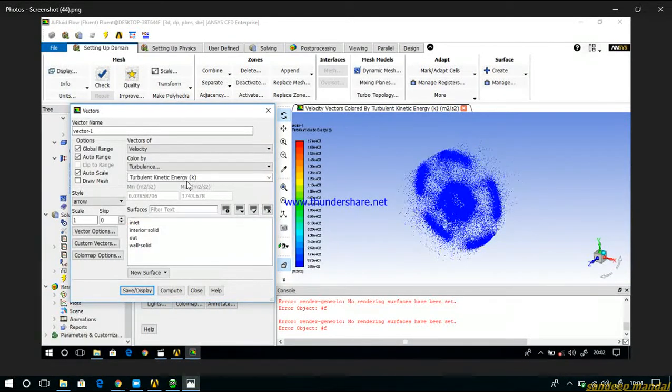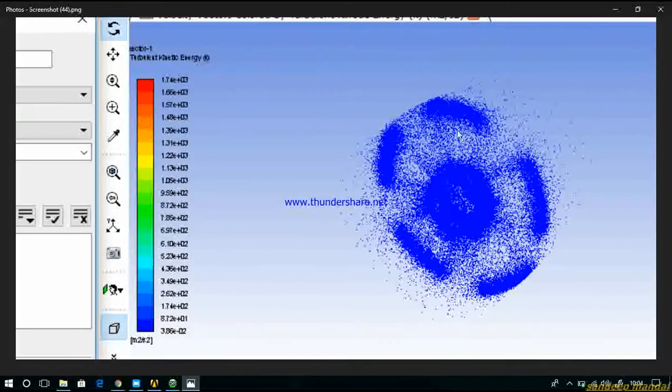Okay, this is the turbulent kinetic energy of the fan domain. Here only the fan is shown, with the air molecules flowing through the fan, and the lower portion of air will be struck by the leading and trailing edge.